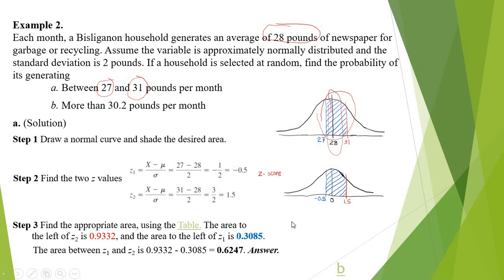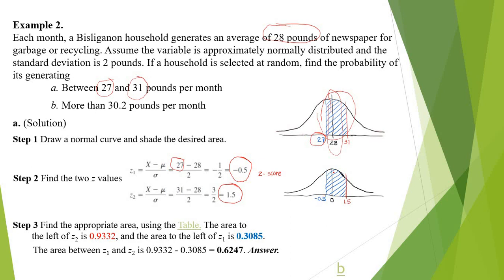So from the computations, for x equals 27, and we have the mean is 28 and standard deviation is 2, so we have z1 is negative 0.5, and for z2, computing in the same manner, we have z sub 2 is equal to 1.5, and we draw that into our normal curve.